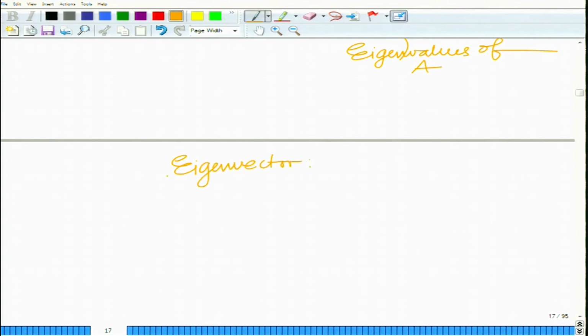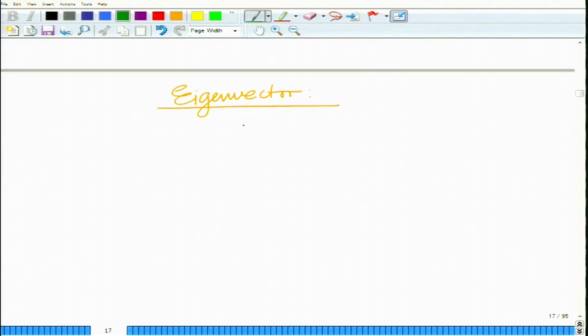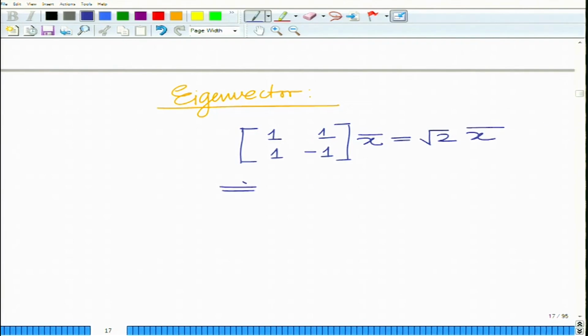To find the eigenvector, what we are going to do is we have A, that is [1 1; 1 -1], times x bar equals square root of 2, the eigenvalue, times x bar. This is from the definition of eigenvalue.